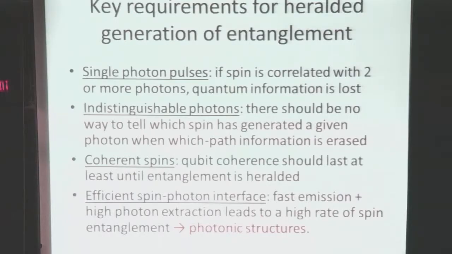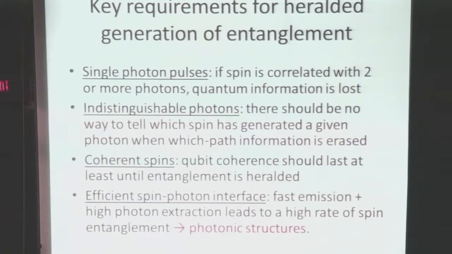And again, for all this to happen in reasonable timescales, one needs an efficient spin-photon interface, meaning that it is nice to have fast emitters, or, if the emitters are not fast, to enhance the emission rate, for example via the Purcell effect, as Misha was telling you, and also to engineer the photonic environment such that the photons are extracted with high efficiency.